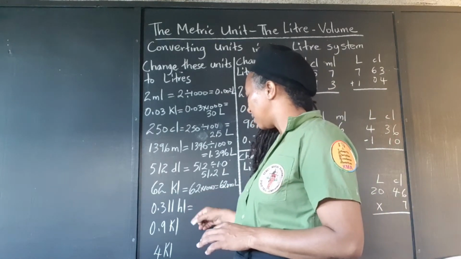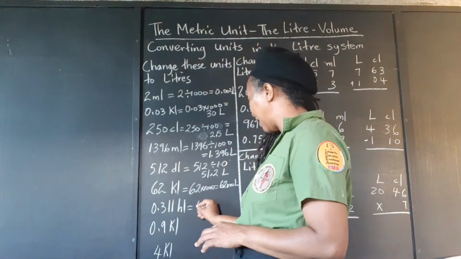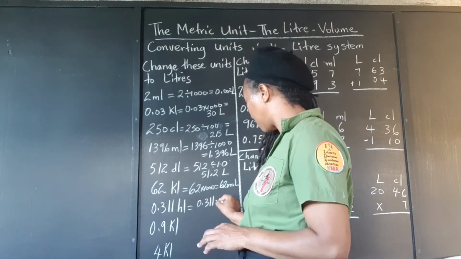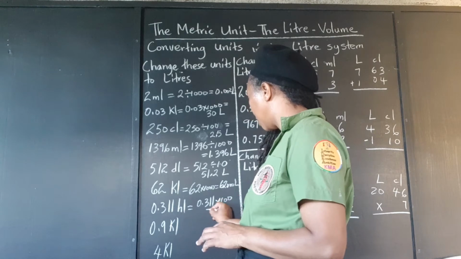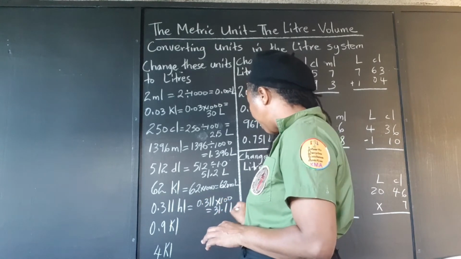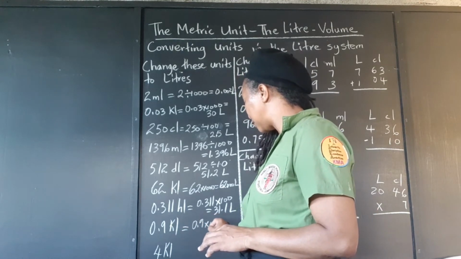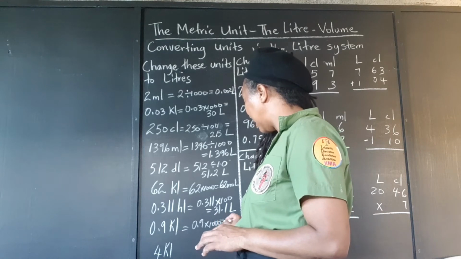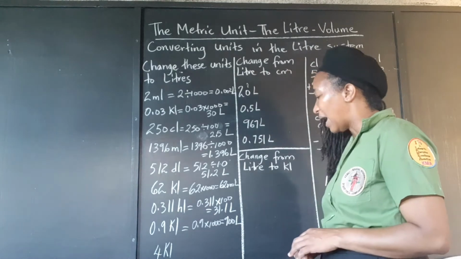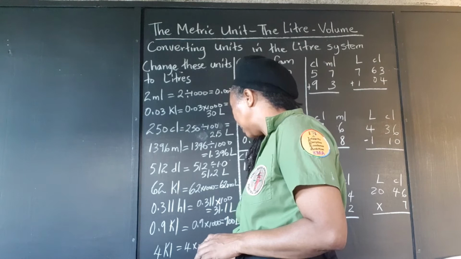Hectoliter, again, bigger unit to smaller, we're going to multiply, this time by 100. So 2 places to the right, 31.1 liters. Kiloliter, again, multiply by 1,000. That gives 900 liters.